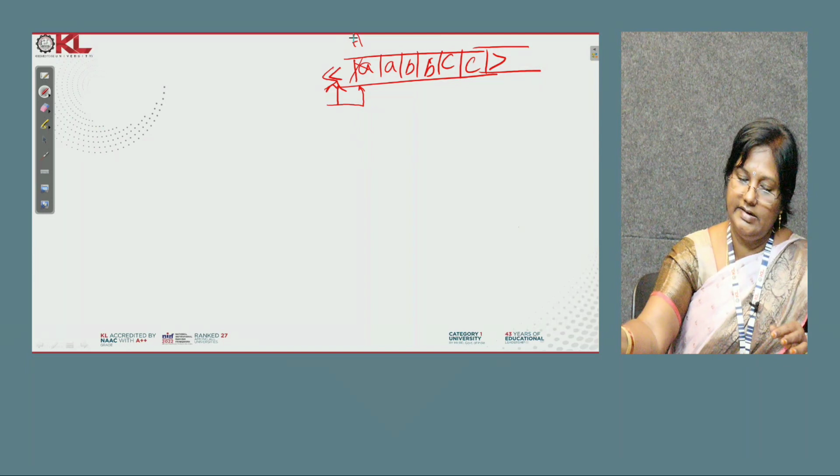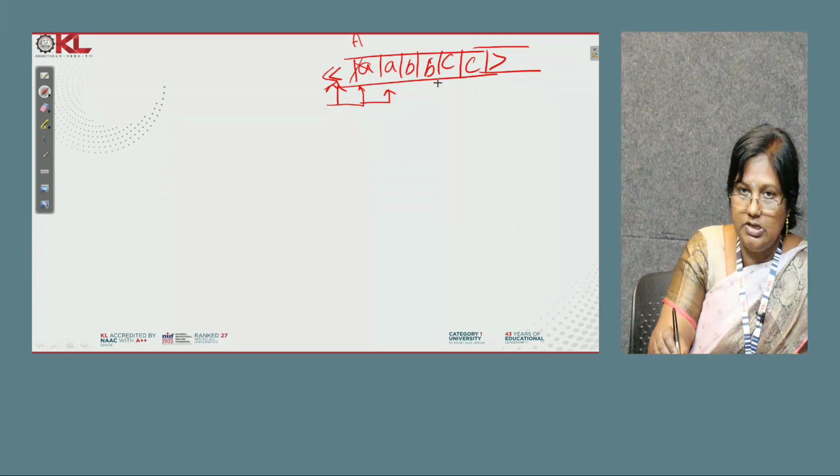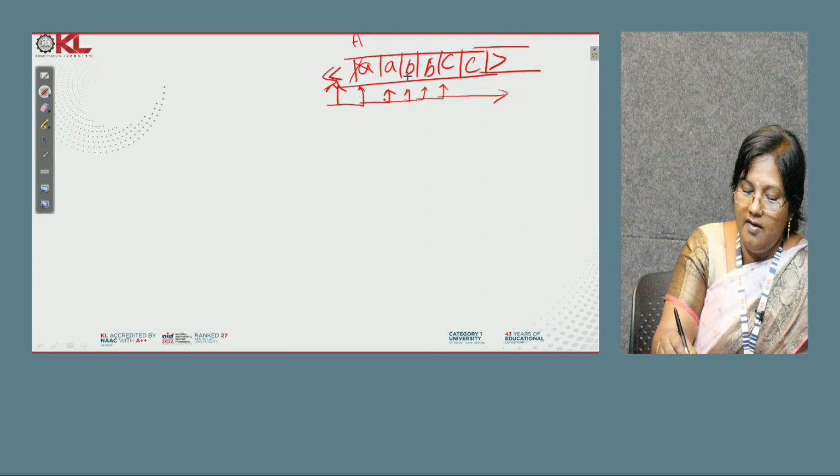There should be one B and one C for every matching A. That's why I'm moving towards the right-hand side, step by step, and finally to the end of the tape. Whenever it moves to a B, it has to mark it as capital B, and whenever it moves to a C, it has to mark it as capital C. What it means is, for every A there is a matching capital B and a matching capital C.